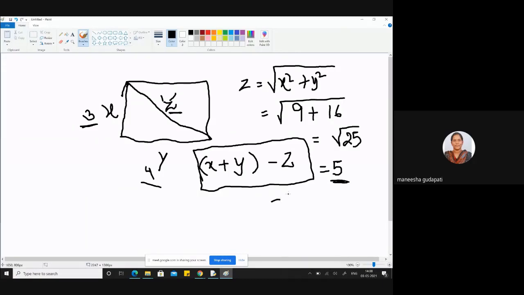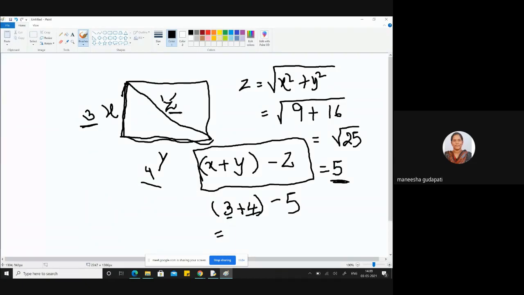That means z value is 5, x value is 3, y value is 4. The intended path is 3 plus 4. He needs to walk this way as well as this way, that means 3 plus 4 meters.